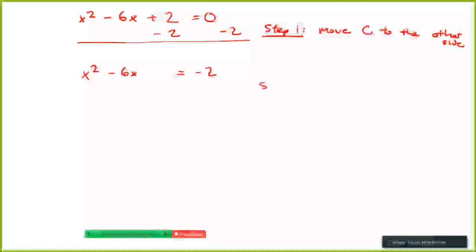Okay, step 2. Find the B number. It's -6 in this case. Find or identify B. We're going to cut B in half.